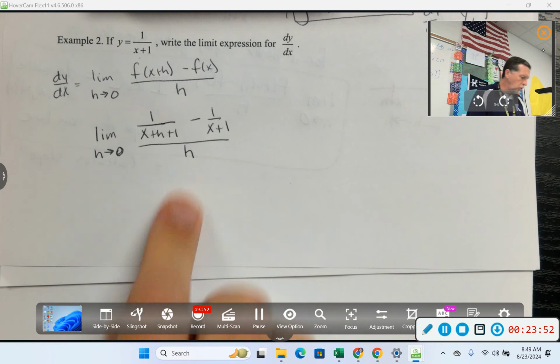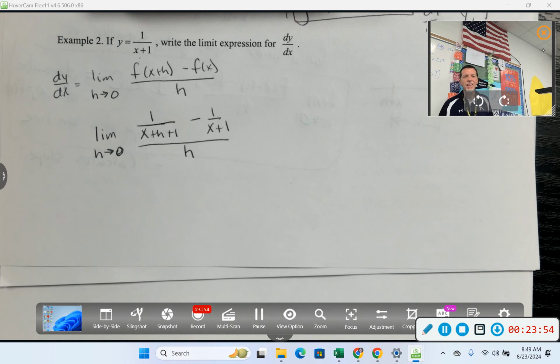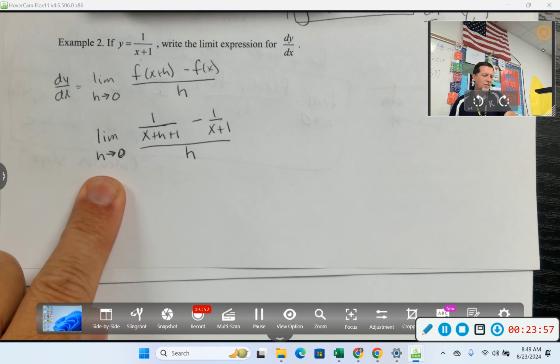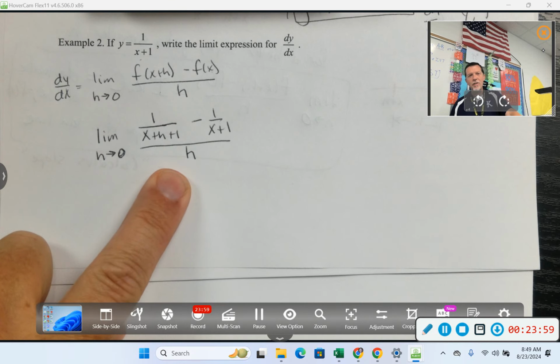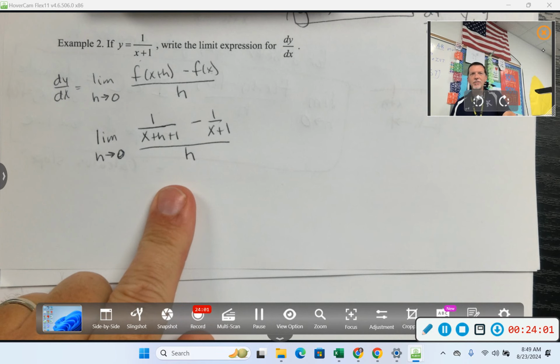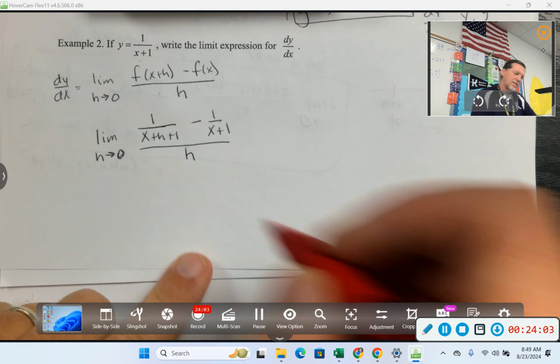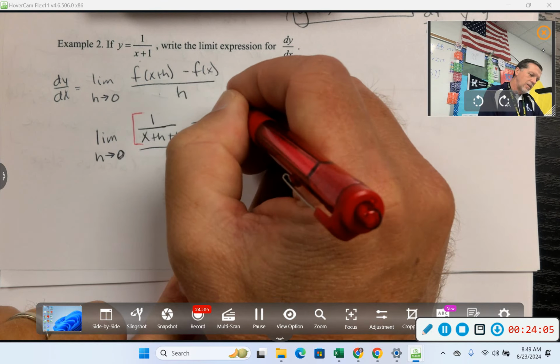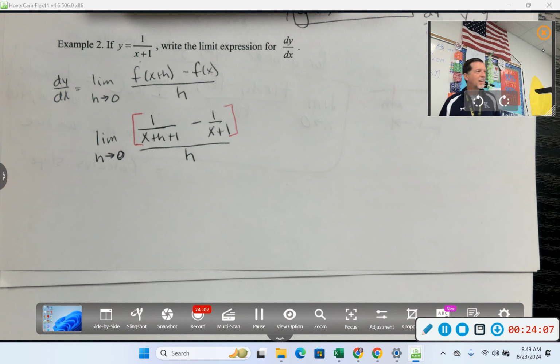Well, the substitution was simple, but the next step, if I plug in h equals 0, I'm going to get 0 over 0. Do you remember how we clear fractions? What do I need to multiply by? A common denominator, which would be like both of those.